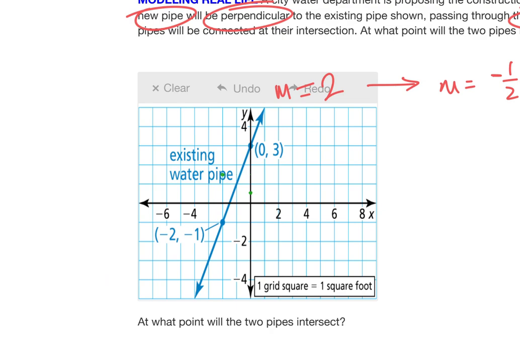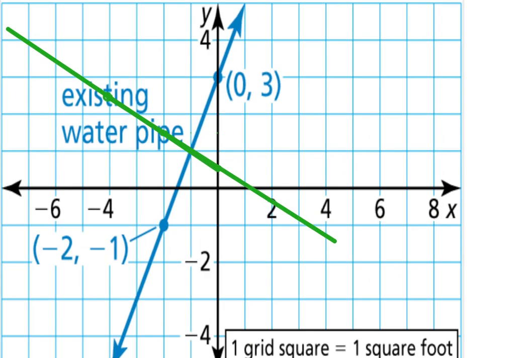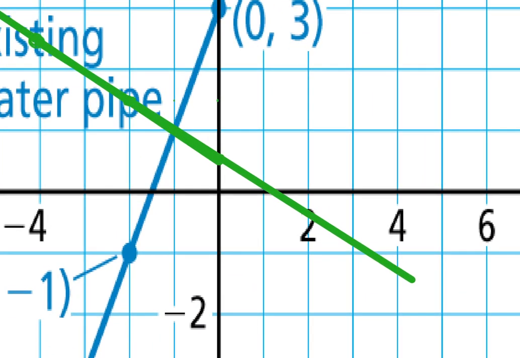Up 1, back 2. All right, let's draw a line on this thing. Like that. All right, so it appears that it crosses right here at negative 1, 1.